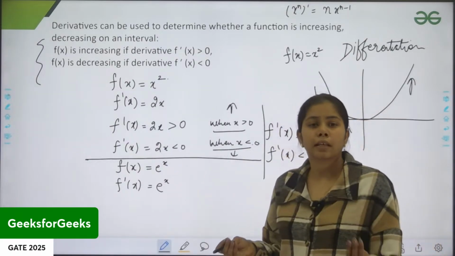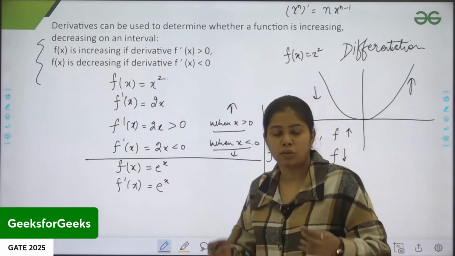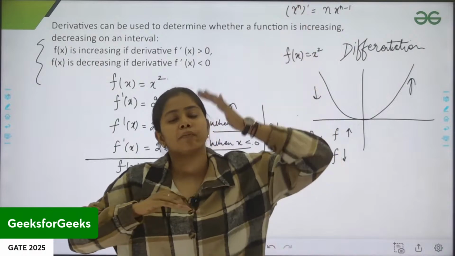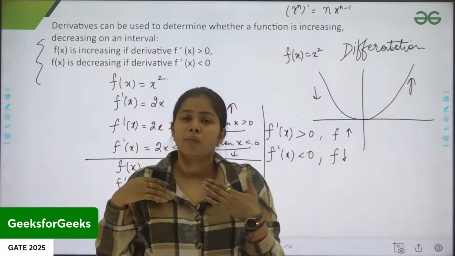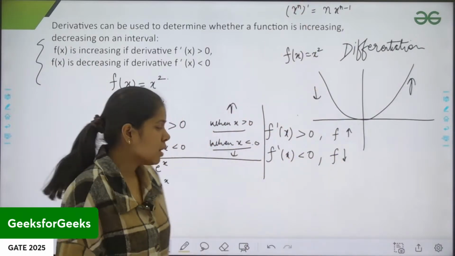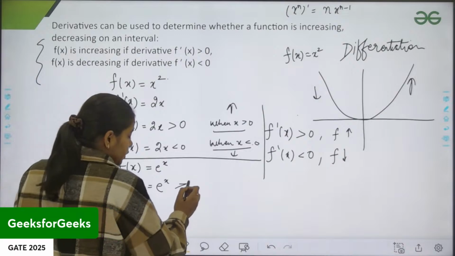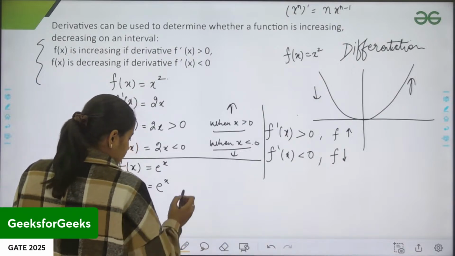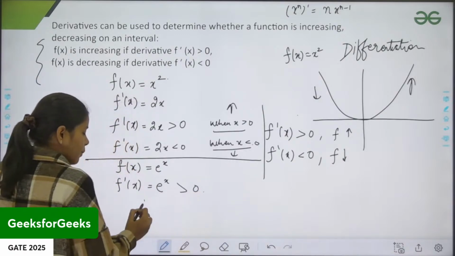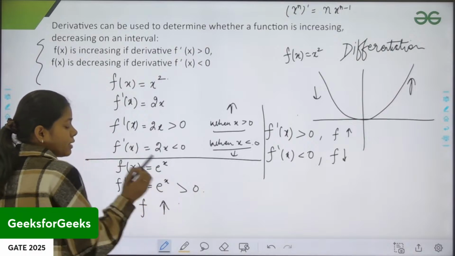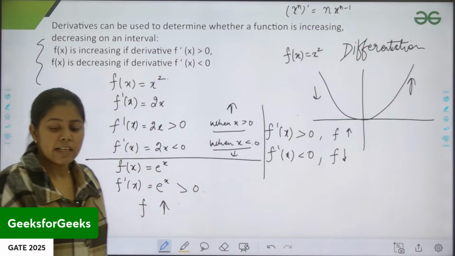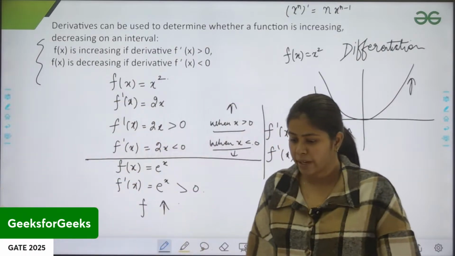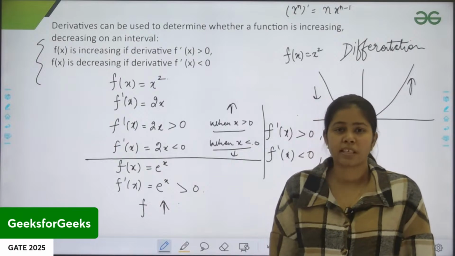And we know that an exponential function is always greater than 0, because if you take 2.718 to the power something, it would always be positive. So here the derivative would always be positive, so I can say that f is an increasing function everywhere, because its derivative is always greater than 0, right, Rajiv? It always increases.